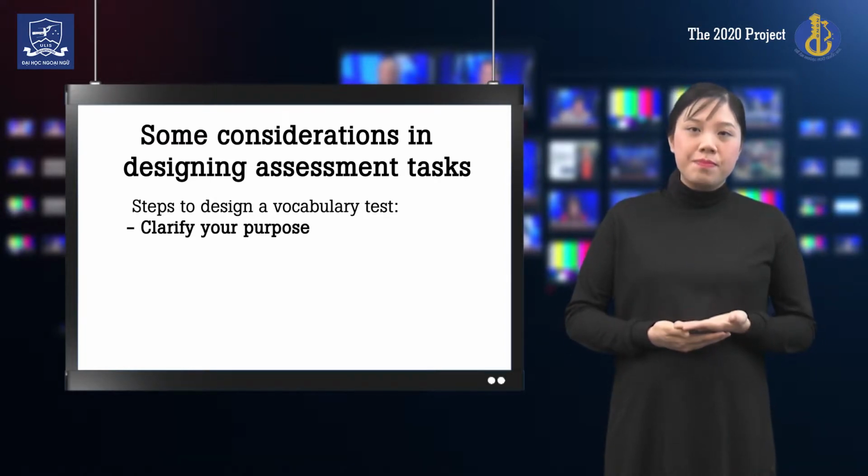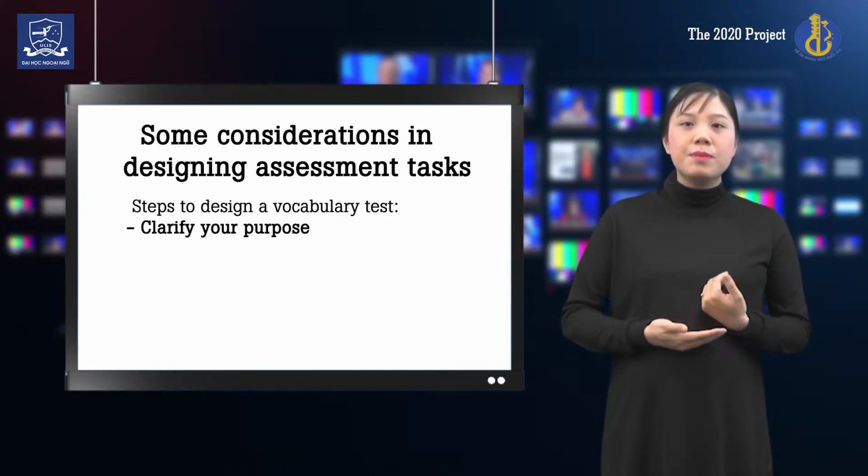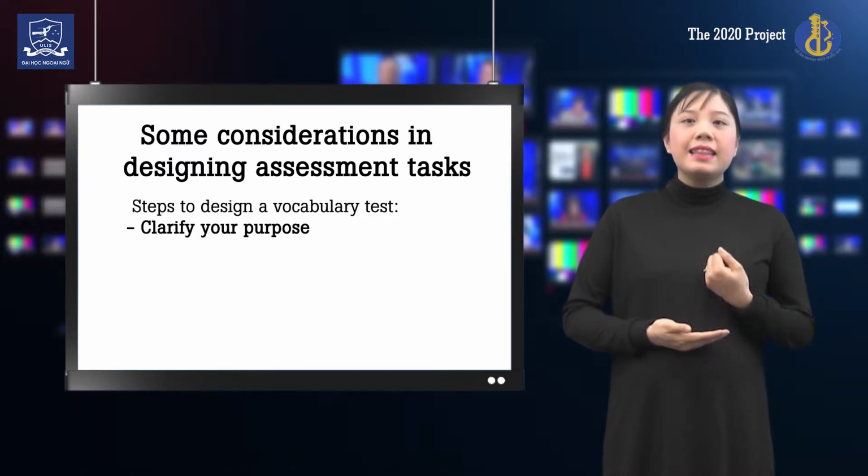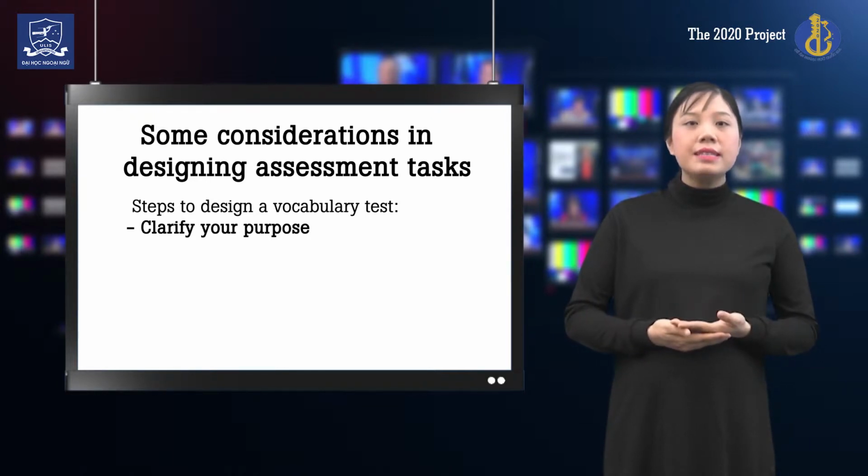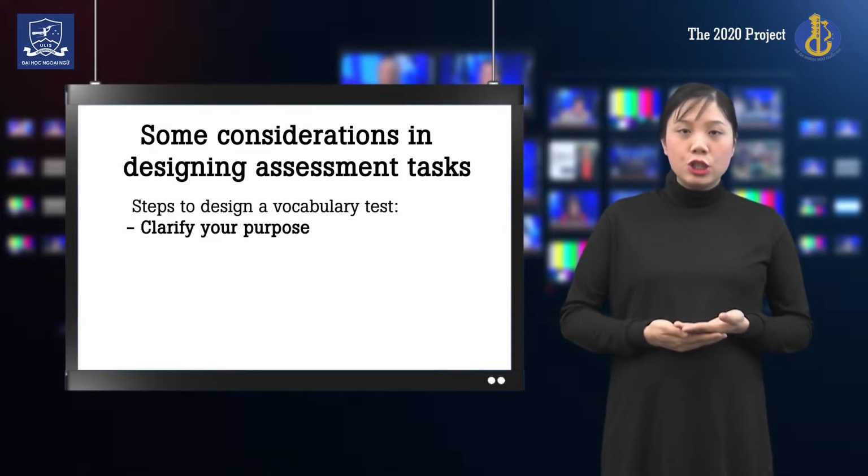During the course of study, a teacher can use vocabulary tests to assess learner progress or identify vocabulary that needs further attention. And at the end of a course of study, the vocabulary test can provide information about the knowledge of lexical items a learner has studied.